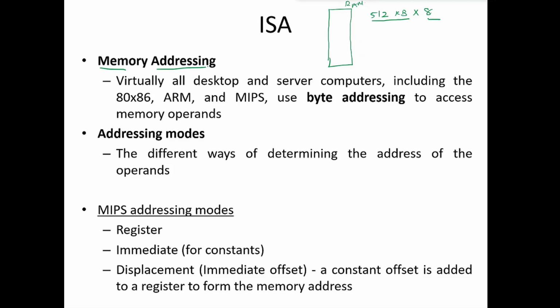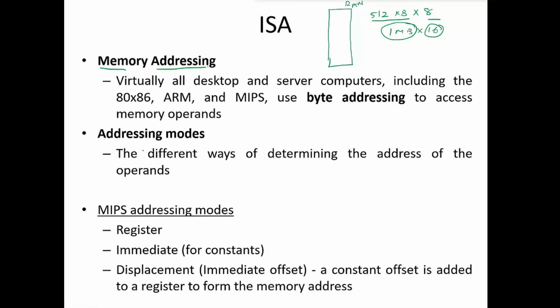Any memory chip will be like this, 512 KB into 8 or, let it be, 1 MB into 16. What does this number say and what does this number say? First represents storage and second represents quantity.